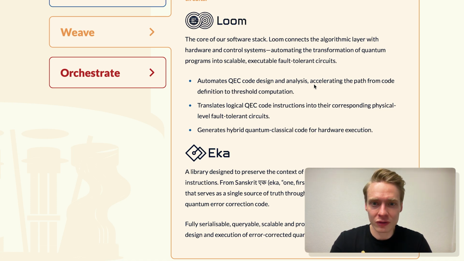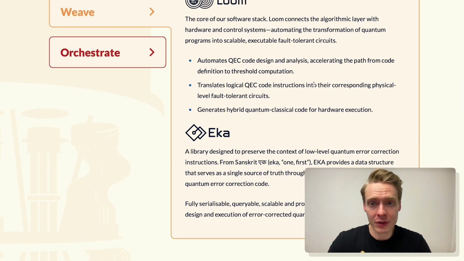Automates quantum error correction code design and analysis, accelerating the path from code definition to threshold computation, translates logical quantum error correction code instructions into their corresponding physical level fault-tolerant circuits, and then generates hybrid quantum classical code for hardware execution. And that's, let's say, what then goes onto the system, right?